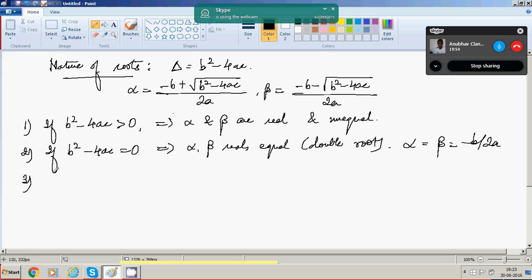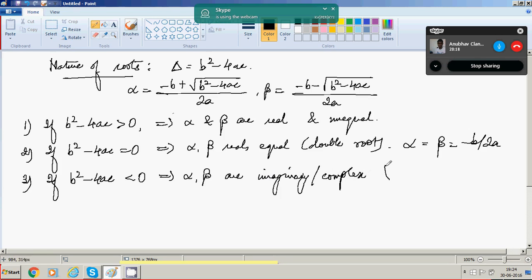Third, if b squared minus 4ac is less than 0, meaning negative, alpha and beta are what people call imaginary, or in fact the right term is complex, and unequal. We will study this further in complex numbers.